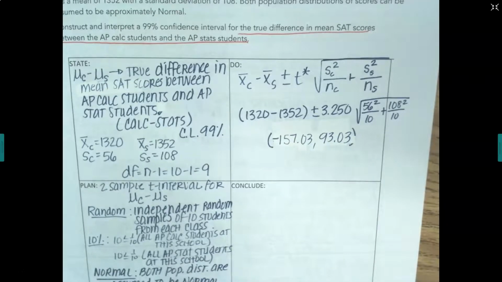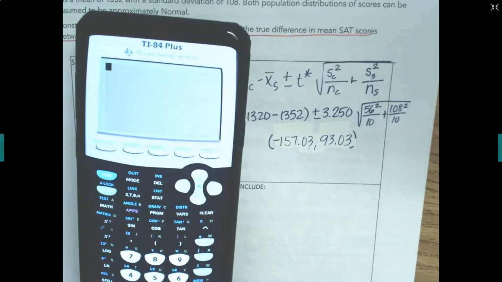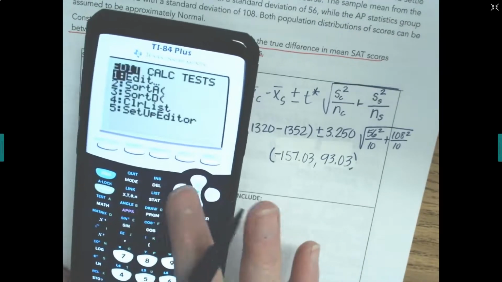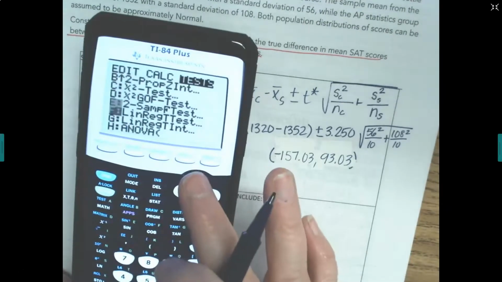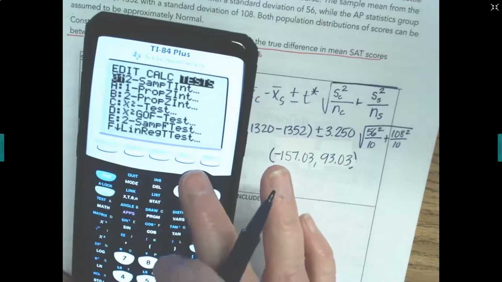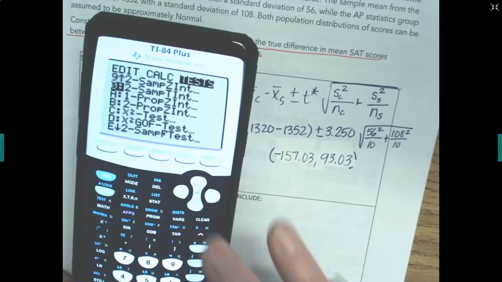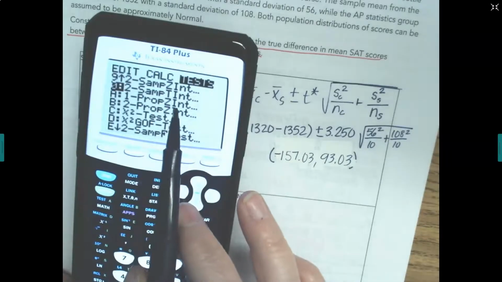So I want to caution you here. If we use our calculator to determine this interval, let me show you what I'm talking about to be careful with. So go into Stat Tests. This is a 2-sample T interval, okay, because it's means.